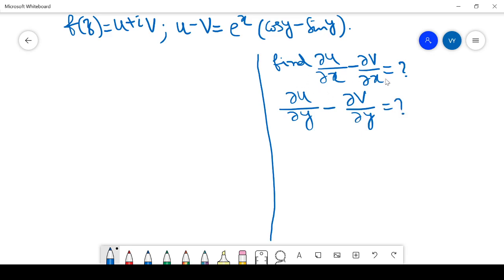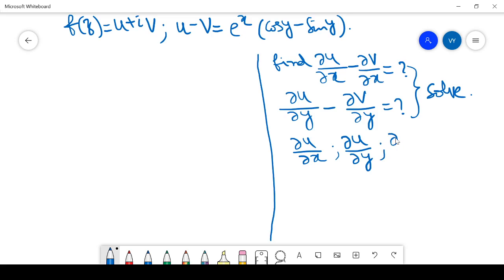This will give you another equation. When we solve these two equations, using the CR equations, you can find ∂u/∂x, ∂u/∂y, ∂v/∂x, and ∂v/∂y.